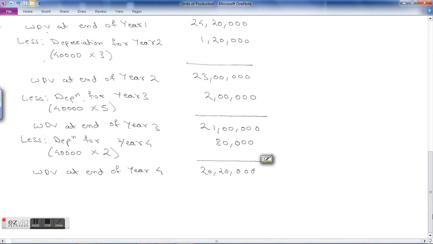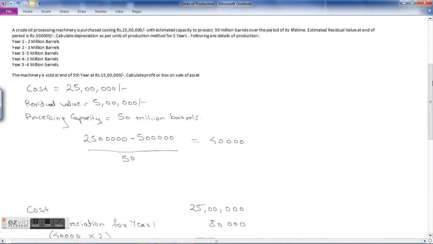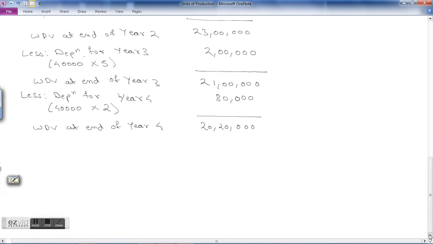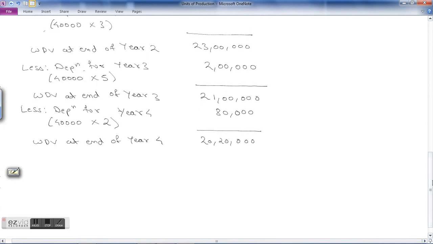Next, let's see what is the production in year 5. 4 million barrels. So less depreciation for year 5. It was 4 million.